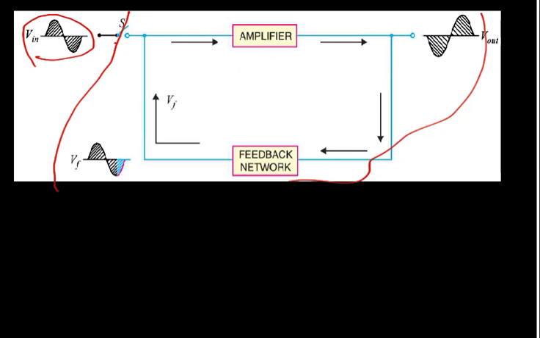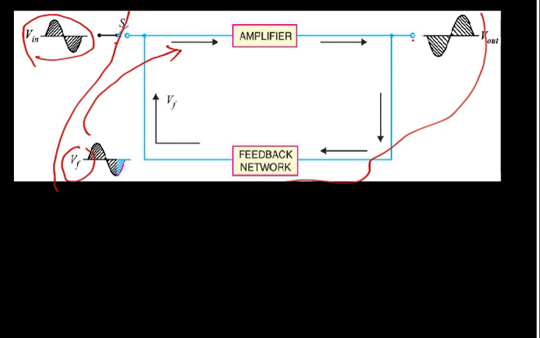So the amplifier is here, and there is a feedback network here. A part of the output energy is fed back, and that means a feedback voltage VF is applied to the input of the amplifier. So this circuit has an input voltage given by VF, the voltage provided by the feedback network.